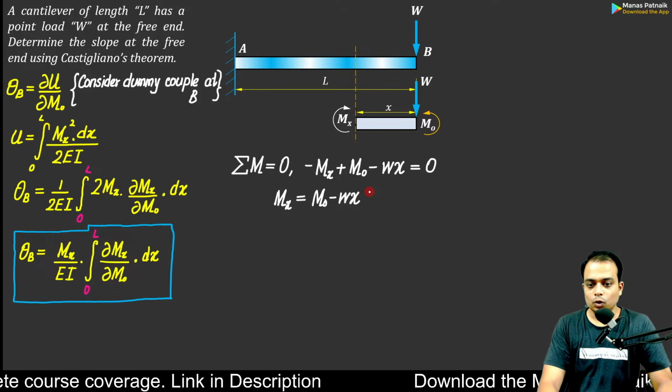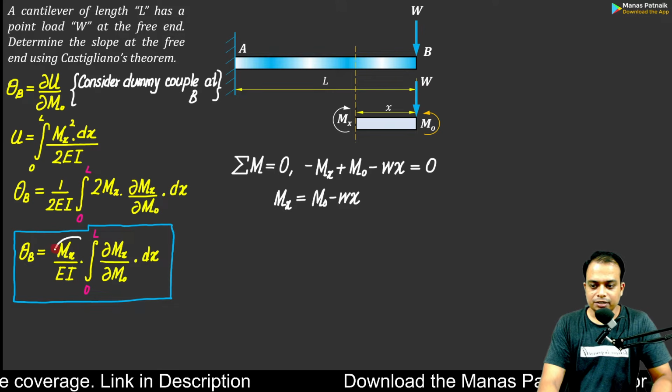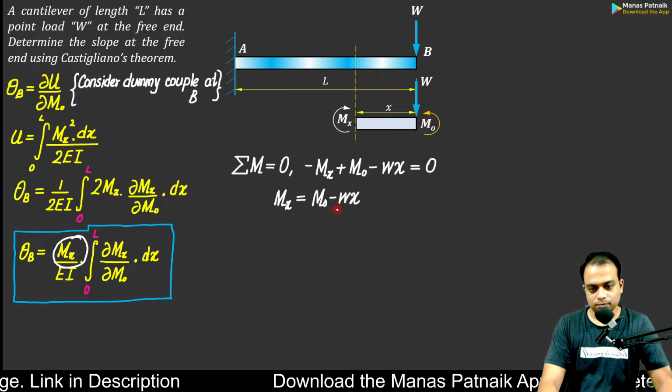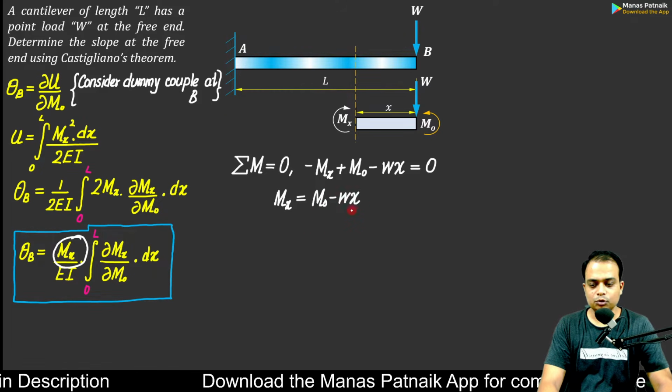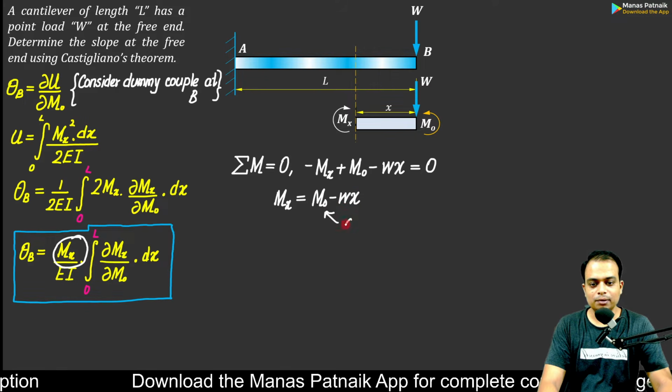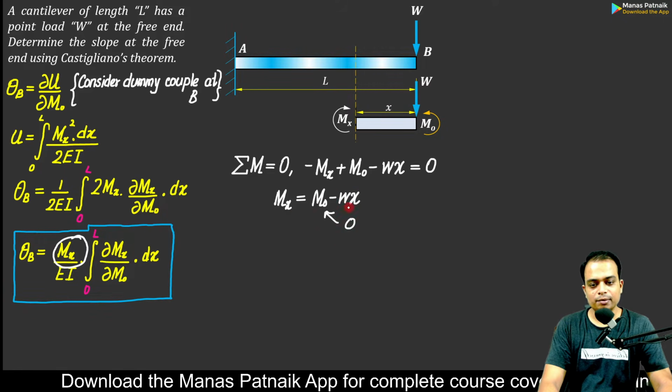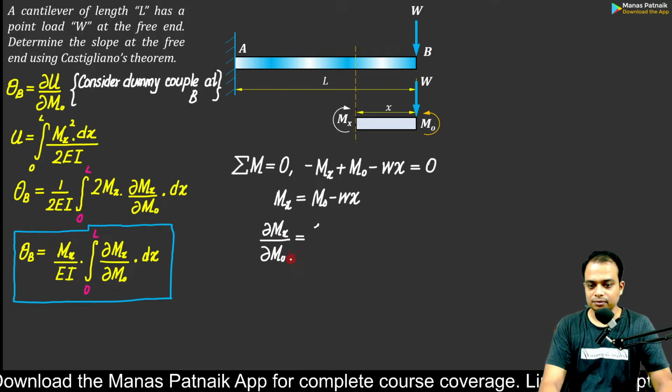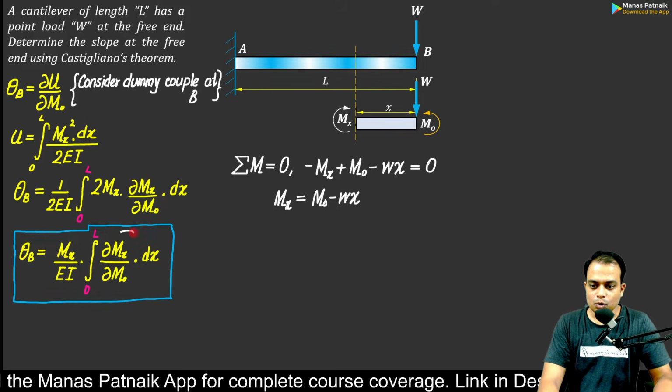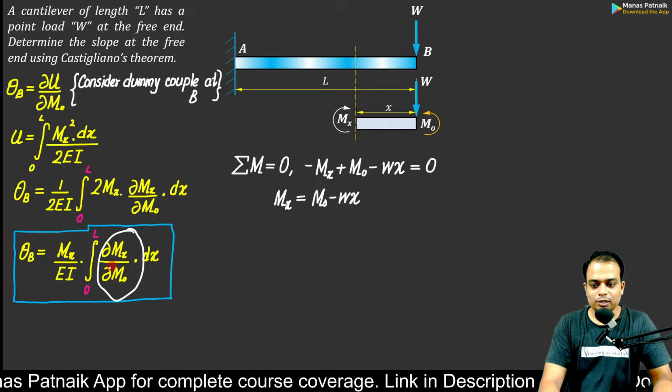Now, what to do? Sir, we can straight away put the value of mx. Mx is equal to m naught minus wx. Please note, m naught has to be plugged in as 0. So mx will be minus wx. That is the first thing. Secondly, you have to find del mx over del m naught.